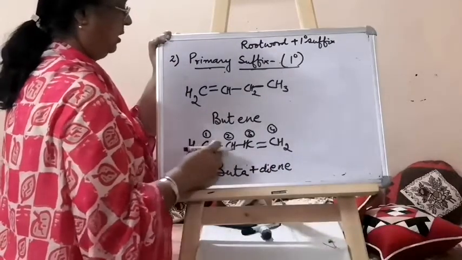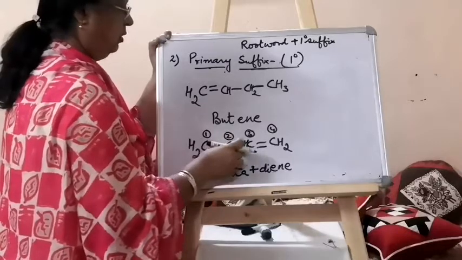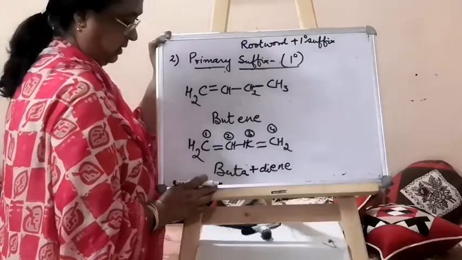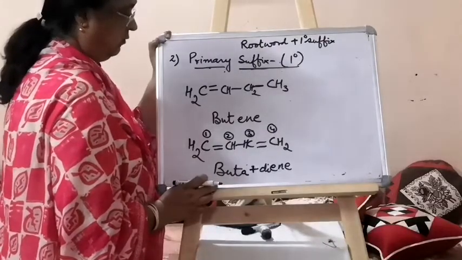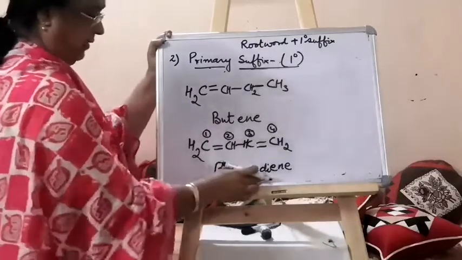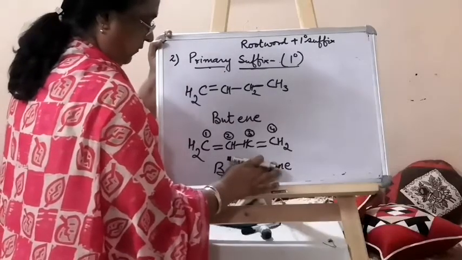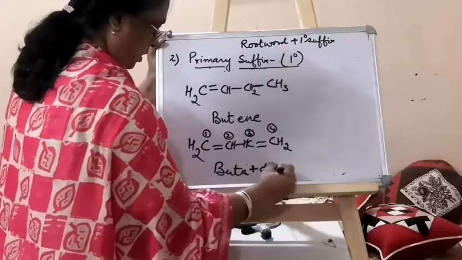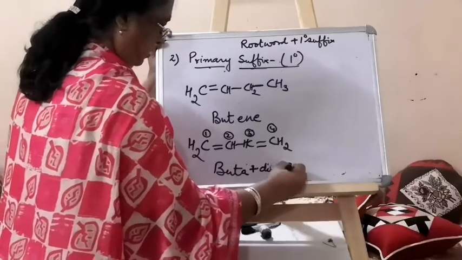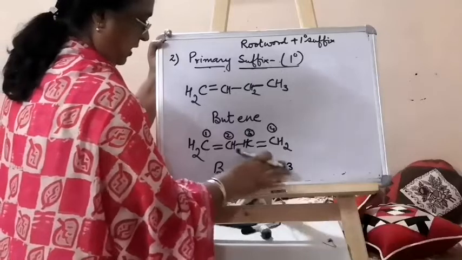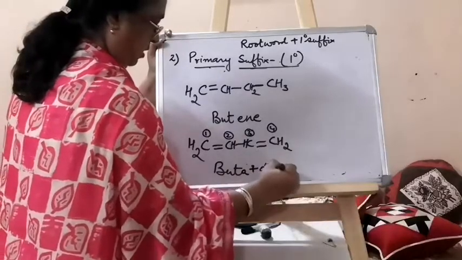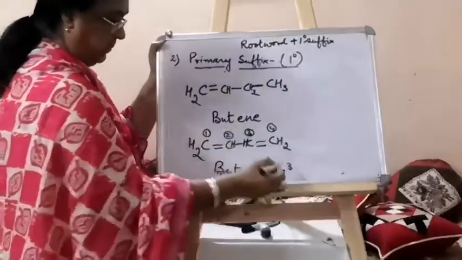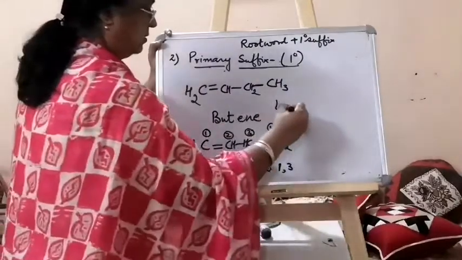It may be at 1, it may be at 2, 1 and 2. But here you see it is at 1 and at 3. So you will have to give its position. So what will it be? The locant, where it is. So here after di you will write 1, 3. See here, these 1 and 3 positions are called locants.